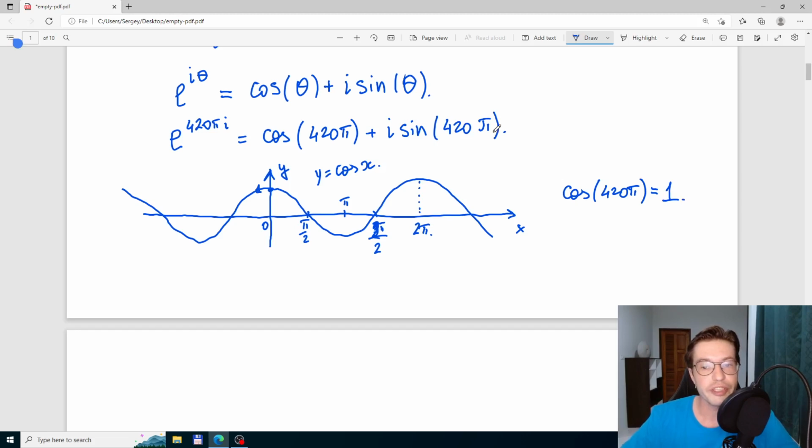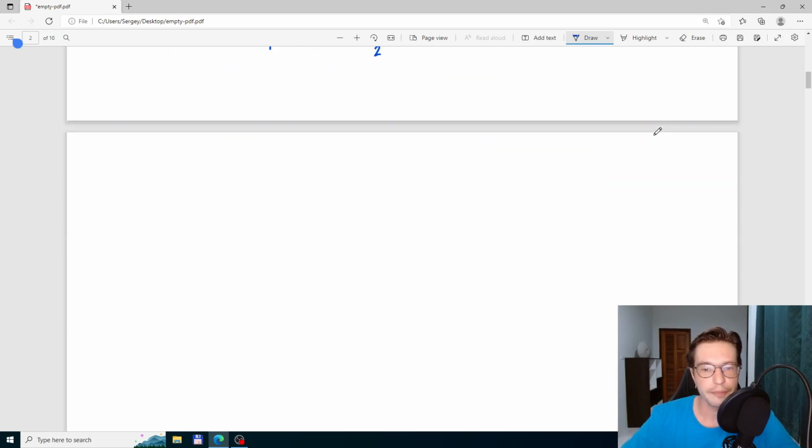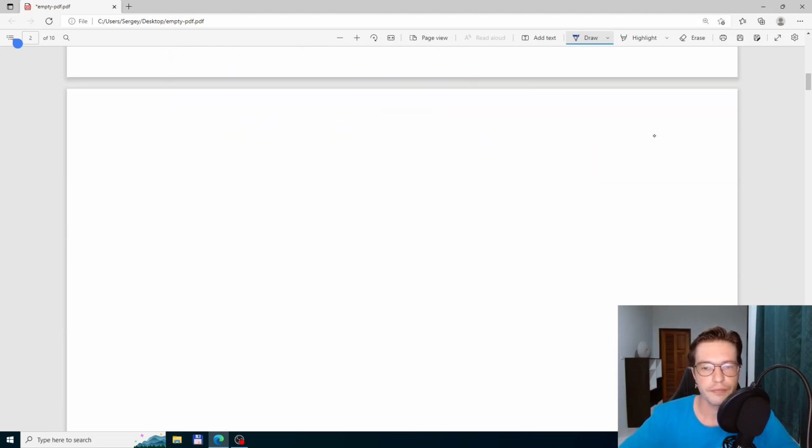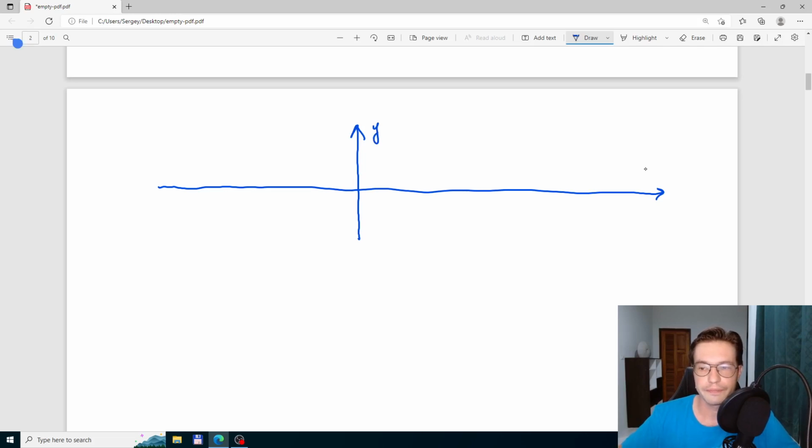Now, what's going on with sine 420 pi? Again, if you're looking for a shortcut, you can just use a calculator, switch it to radians, and find sine 420 pi, but we'll have a look at the graph. Sine x starts from 0, and it goes like this.